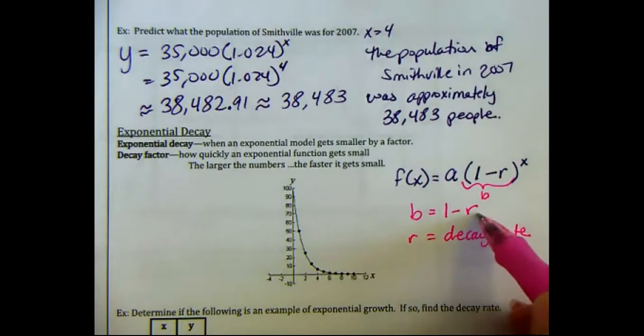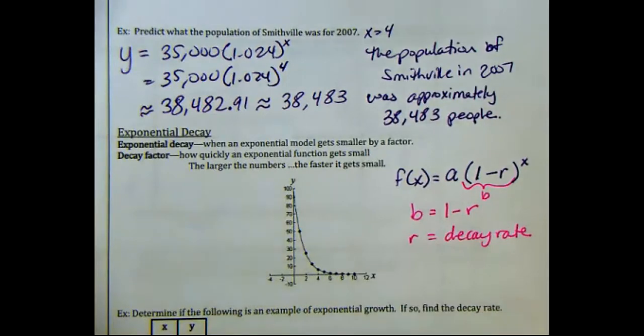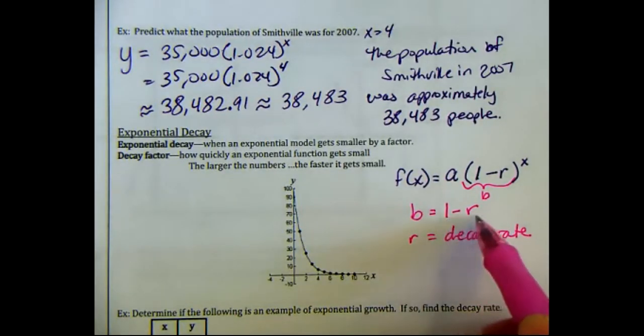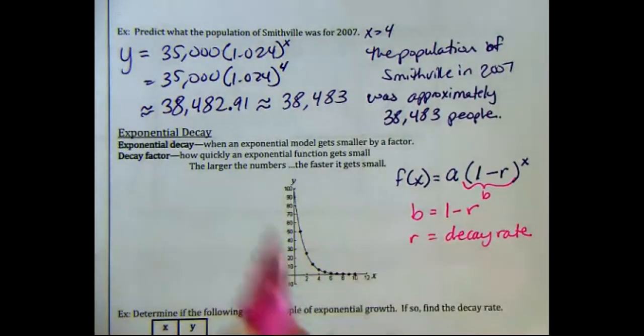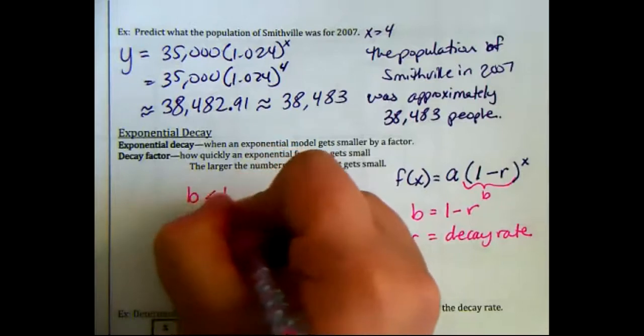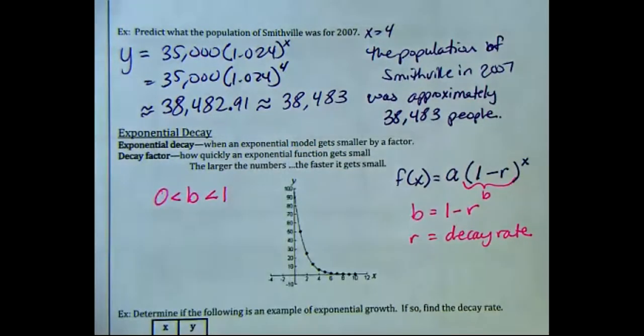And you're subtracting the R from here so that you're saying I start with my initial amount and then I subtract this much from it, right? So it's a matter of starting with the initial and then subtracting however much is going away essentially. In this situation, our B is less than 1 but greater than 0.